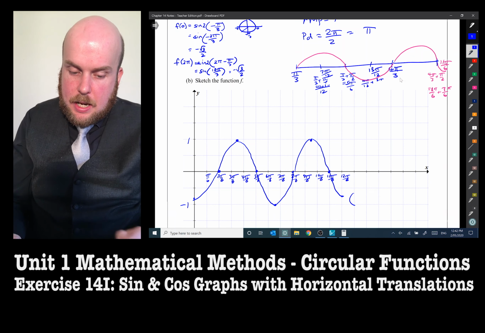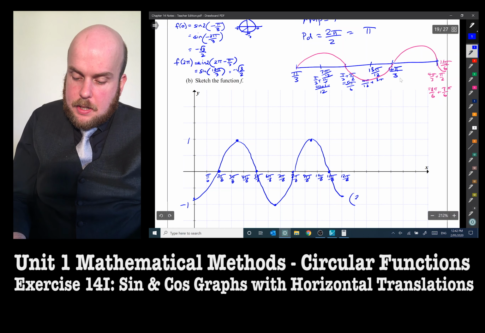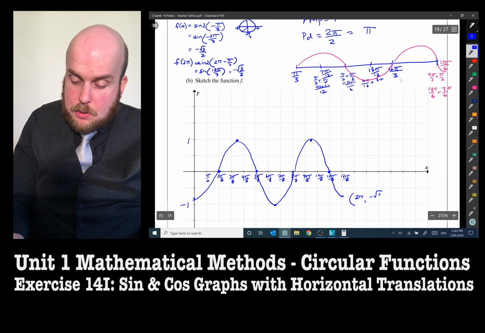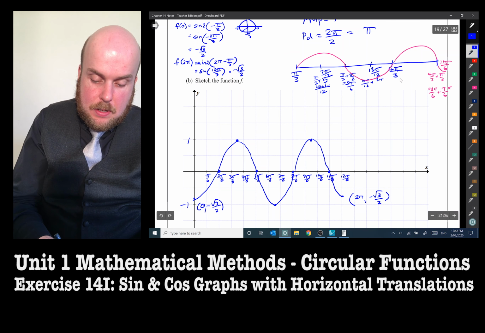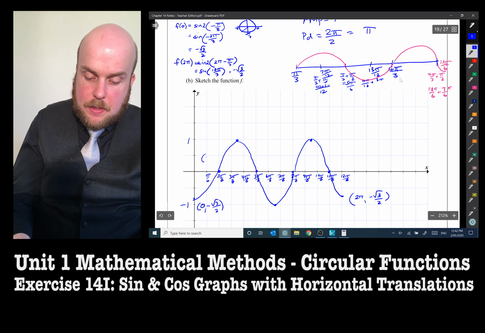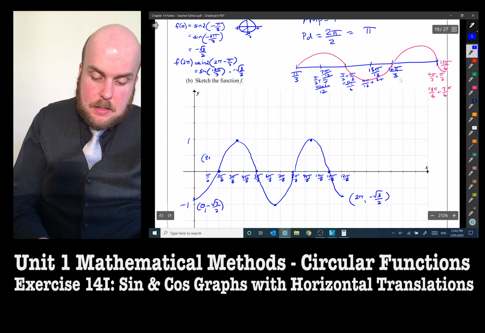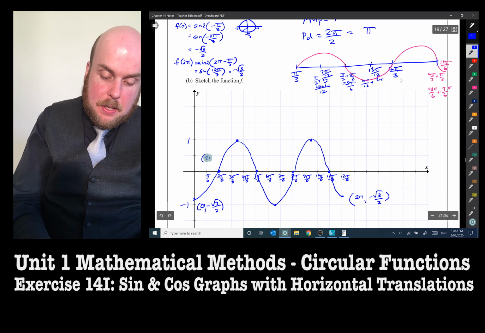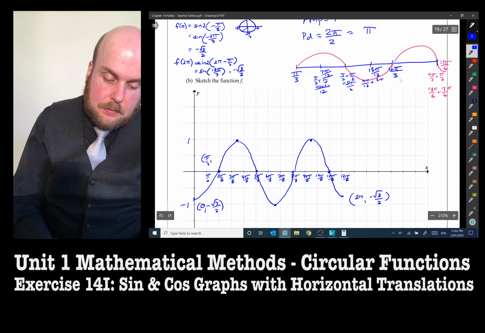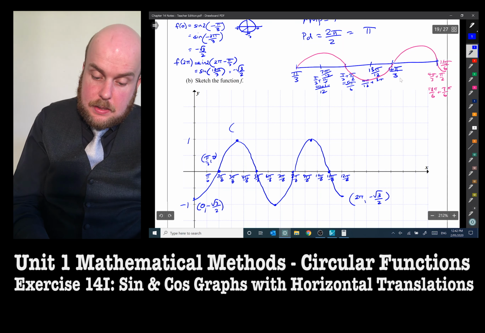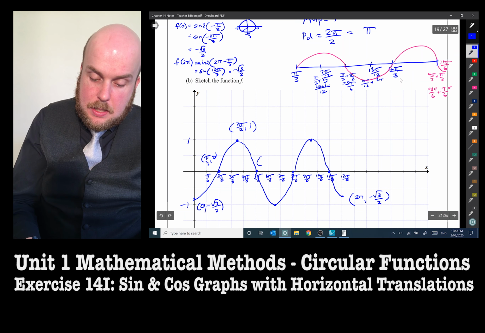So again, we'll put in our endpoints. This will be (2π, −√3/2). This is (0, −√3/2). This is (π/3, 0). This is (7π/12, 1). This is (5π/6, 0).